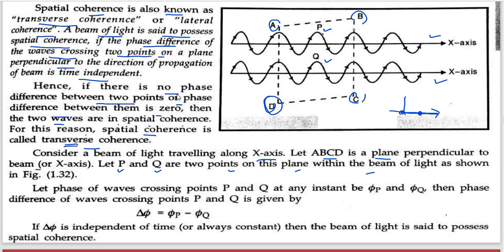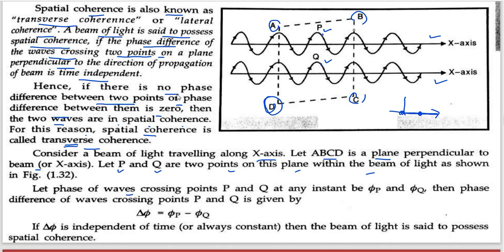Now let the phases of waves crossing points P and Q at any instant of time be phi P and phi Q respectively. At point P the phase is phi P, and at point Q the phase is phi Q.